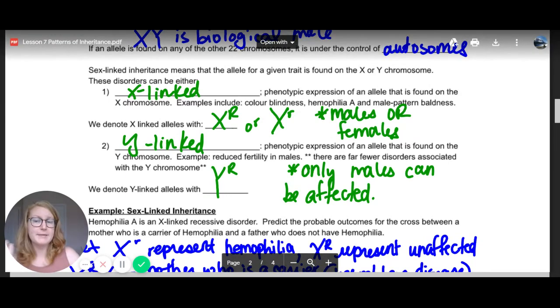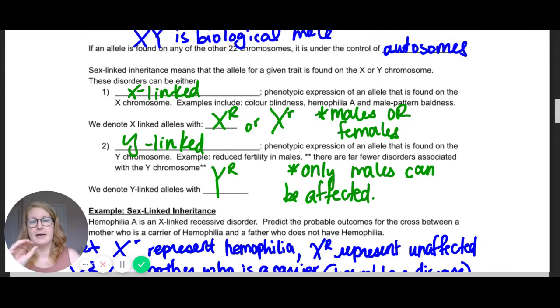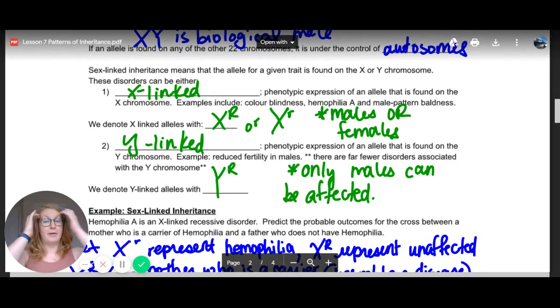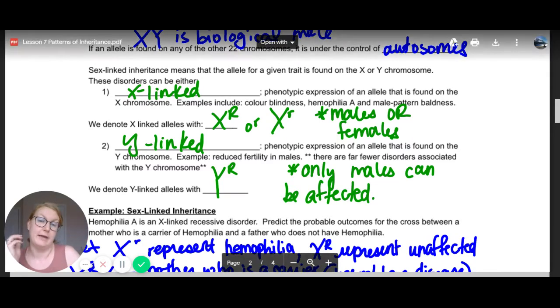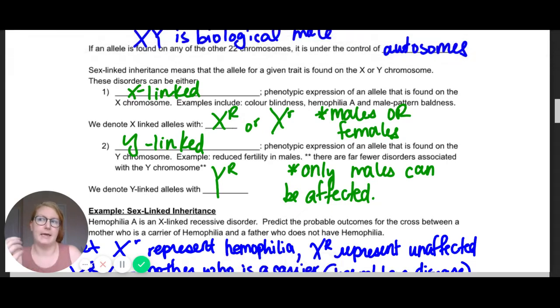What we see with X-linked is that there is a trait that is specifically on the X chromosome. I mentioned those examples earlier: color blindness, male pattern baldness, and also hemophilia. Hemophilia we are going to talk about a little bit more later on. That one is a very serious disorder, could be life-threatening, but there is treatment for it now.